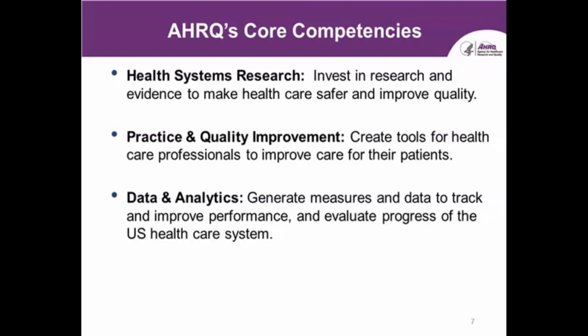And we generate measures and data that can be used by providers and policymakers and researchers and others to improve performance and evaluate the progress of the U.S. healthcare system. And it's a priority of my agency to push our science to implementation and to get our tools and products out to you, our users.